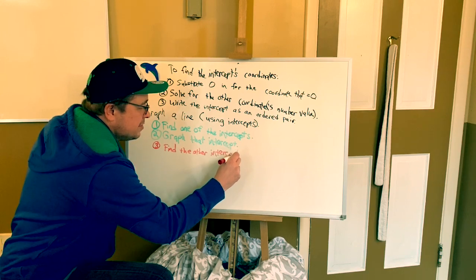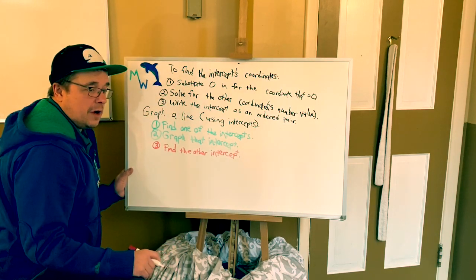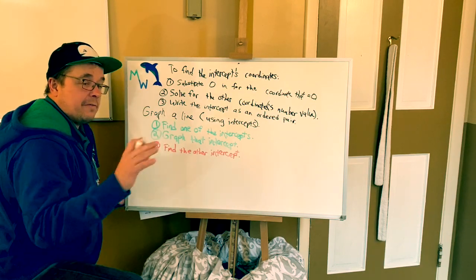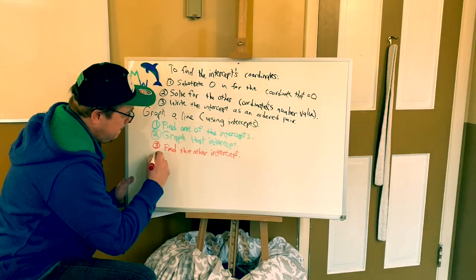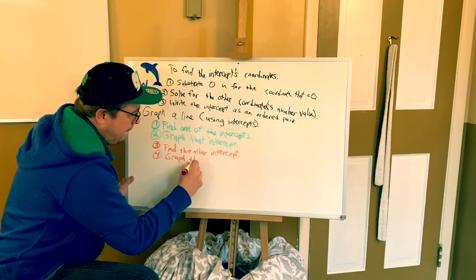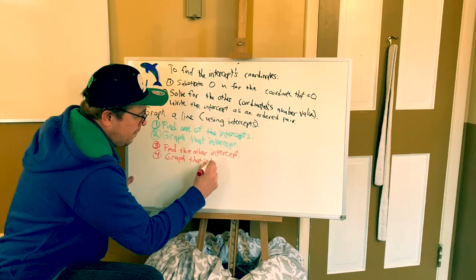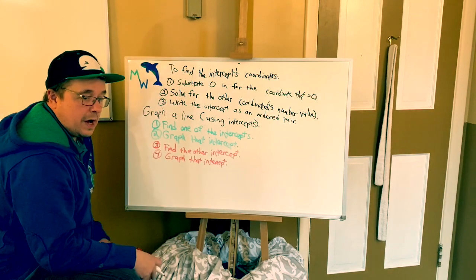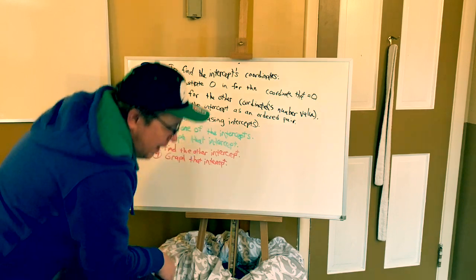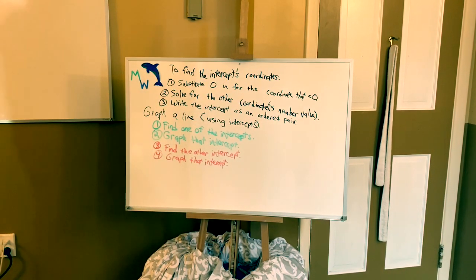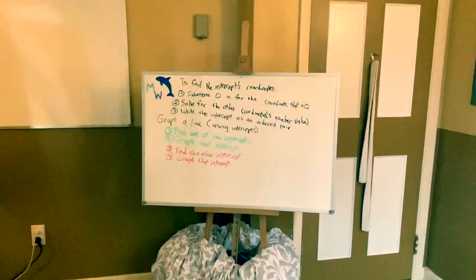Frequently in class, there's a question, should I find x first, should I find y first? It absolutely doesn't matter, but you find one of them first, and you find the other one later on. One of them is the x-intercept, one of them is the y-intercept. That's all true. The y-intercept has a lot more uses later on. So if I had to say one's more important than the other, the y-intercept is more important than the other.